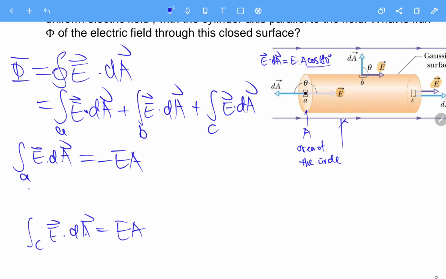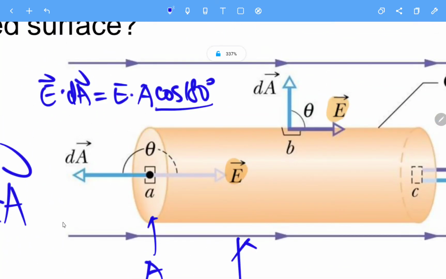So the remaining part is E dot dA for part B. E is pointing to the right side, and dA is always perpendicular to it: at this point pointing upward, at this point pointing out of the page, at this point pointing backward.